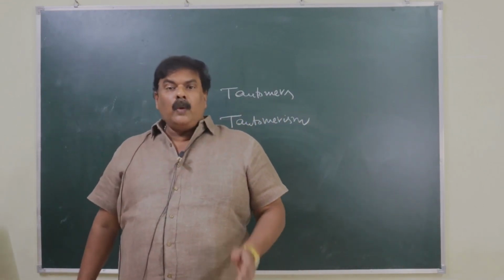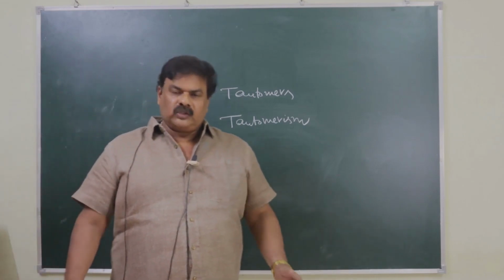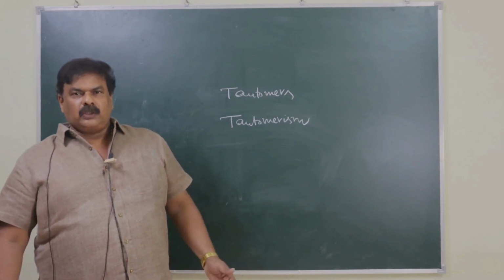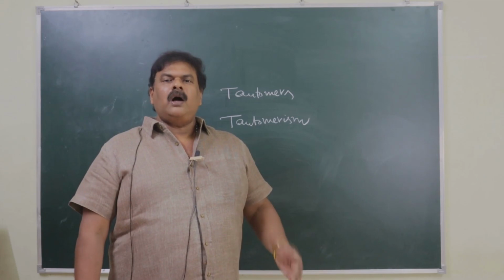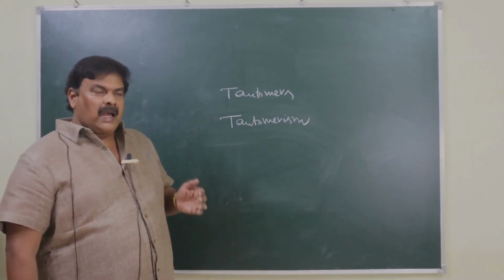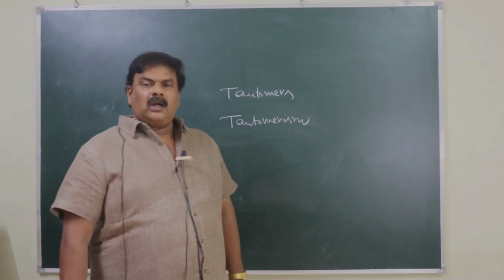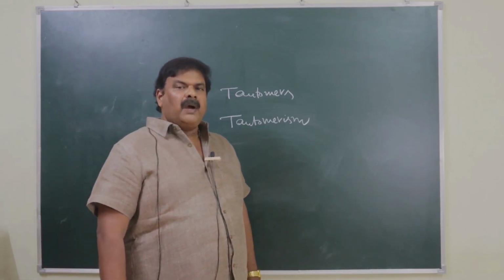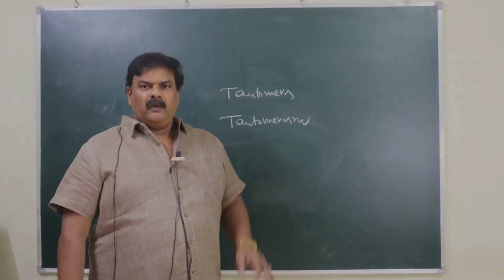There are so many types of isomers: chain isomers, position isomers, and various others. Among those, one type is tautomers. The isomers which are formed by migration of a proton are called tautomers.